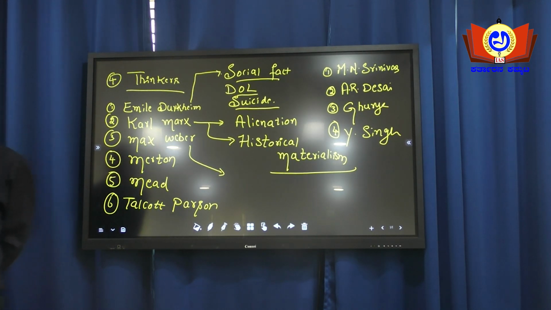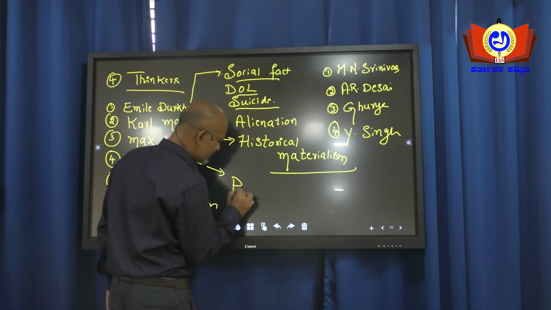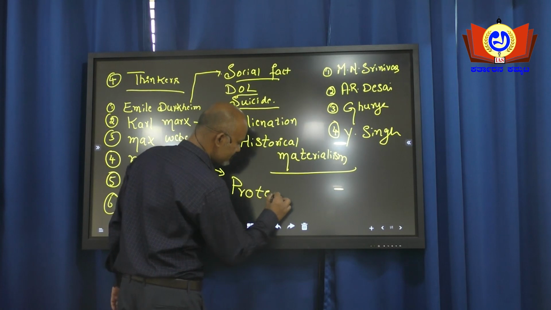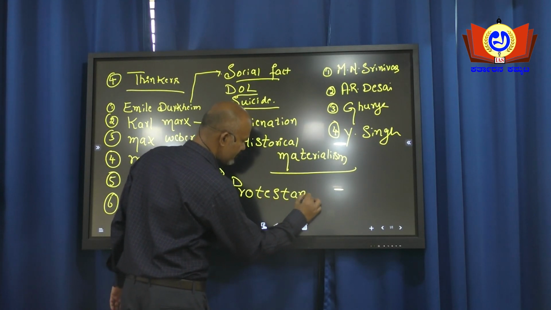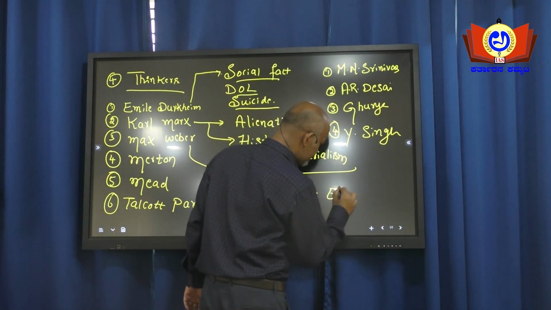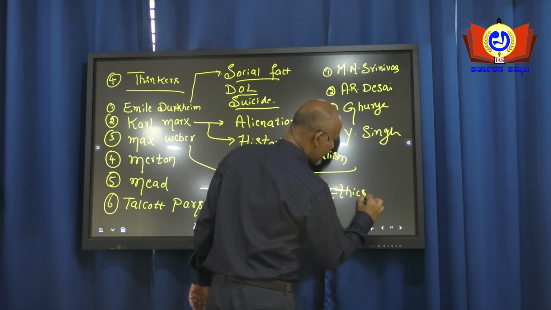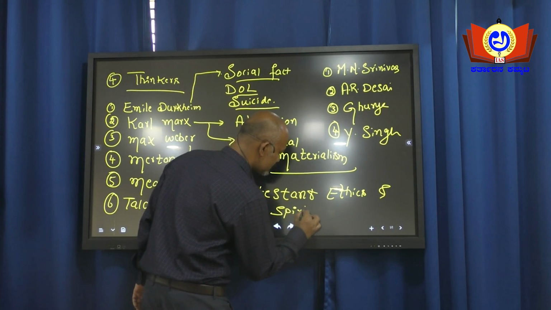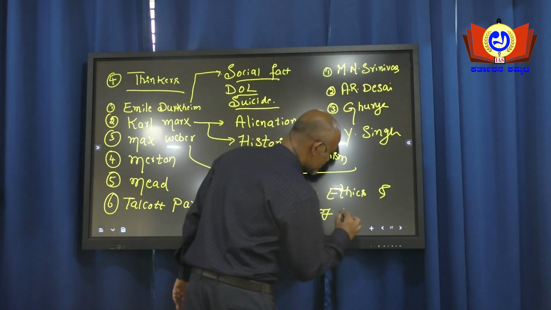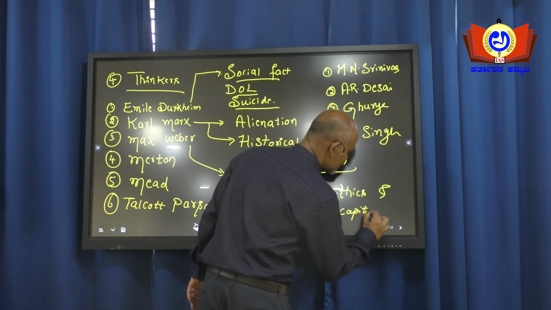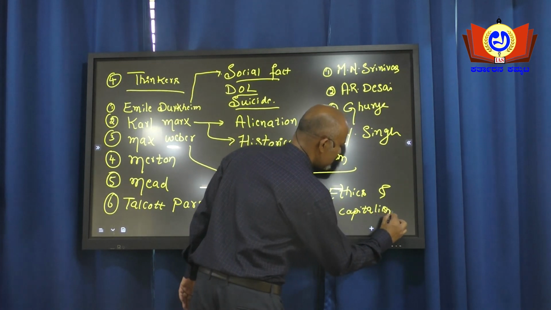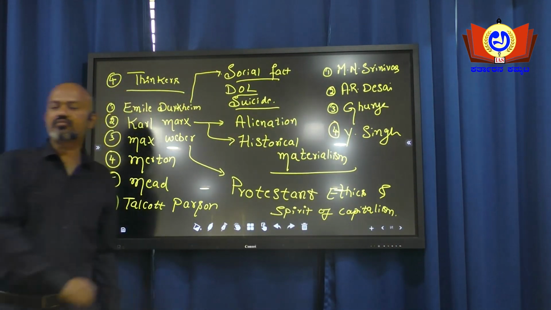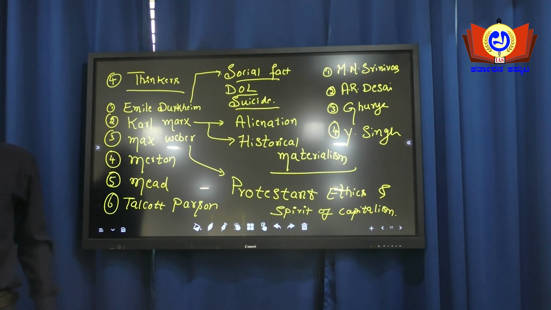The next is Protestant ethics and spirit of capitalism. This is important. What is this one? Very important, I have to tell you some points here.